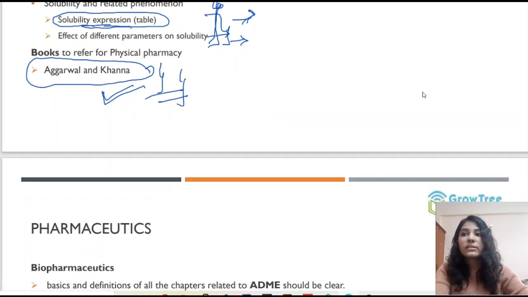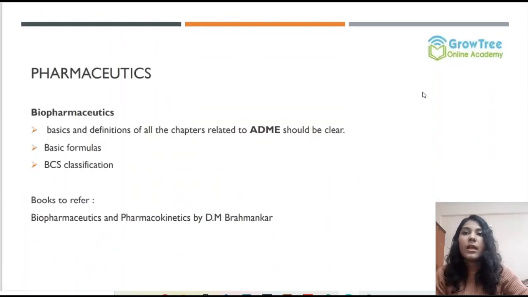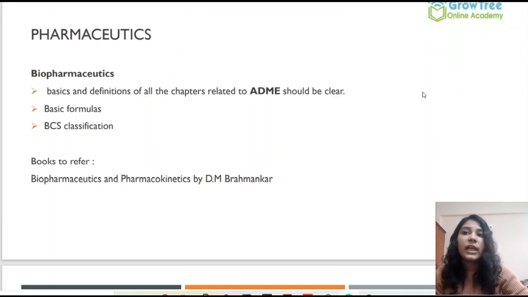Then the next subject is biopharmaceutics. In biopharmaceutics, you should be mainly clear with ADME: absorption, distribution, metabolism, excretion, protein binding, and compartment modeling.